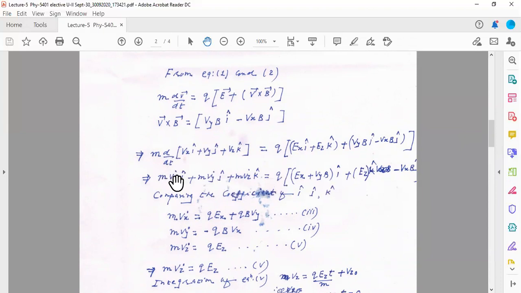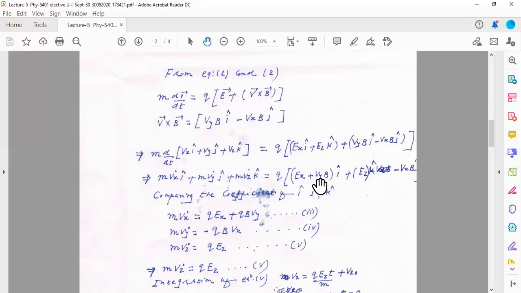The coefficient of i is m Vx dot, and since it is multiplied by Q, you can write m Vx dot equals Q Ex plus Q B Vy. For the j component, you can write m Vy dot equals minus Q B Vx, with a minus sign.